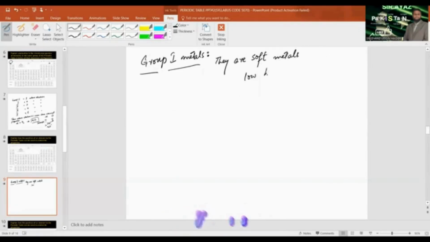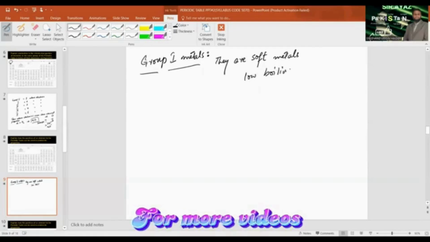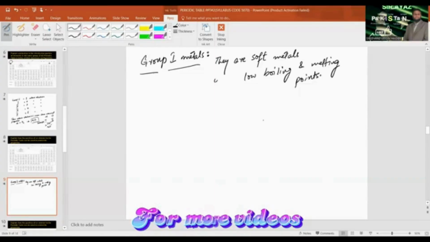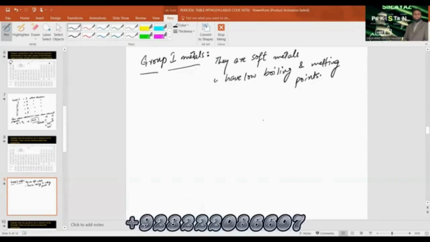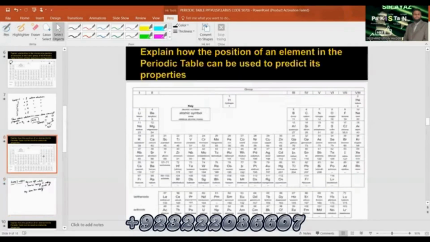Low boiling and melting point. They have low density. So these will be the common properties shown by all the metals present in group 1.